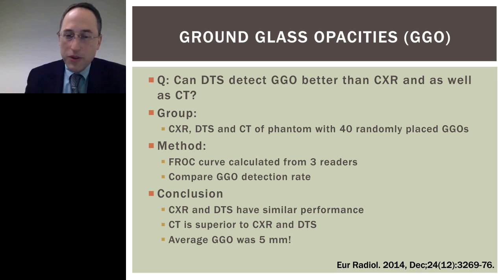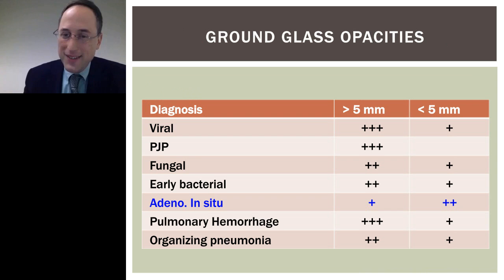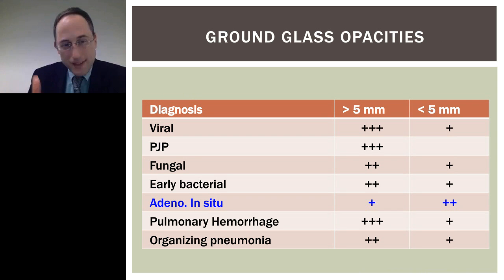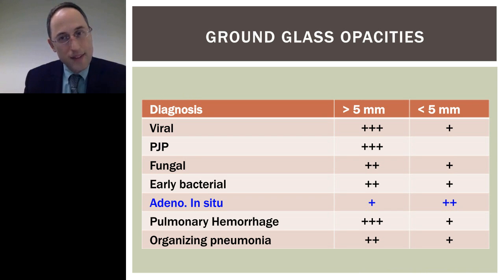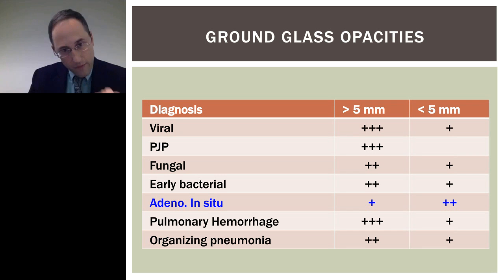And number two, they're not really clinically relevant ground glass sizes. If you look at the possibilities of ground glass, and this is in my experience, things are generally much, much larger than 5 millimeters, is everything. The only thing that often will be less than 5 millimeters is an adenocarcinoma in situ. So that's one very small slice of the possible differentials.